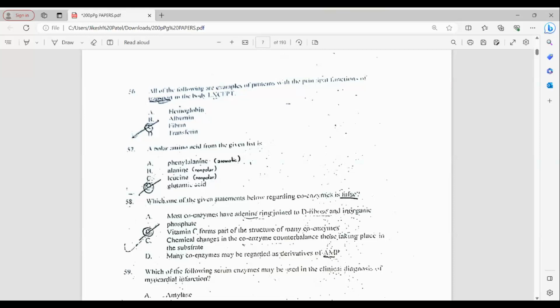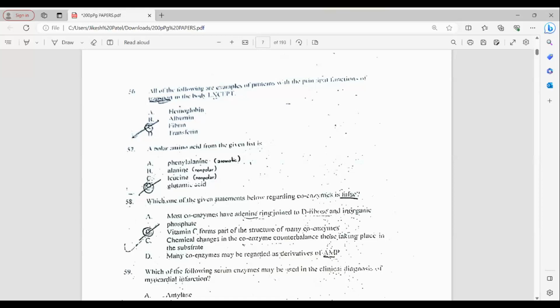Then, a polar amino acid. For this one, we agreed we would look at those structures, but it's glutamic acid. When you see glutamic acid, it's the one with the COOH somewhere. Just remind yourself of the classification of the various amino acids: the polar ones, non-polar, aromatic, and such.